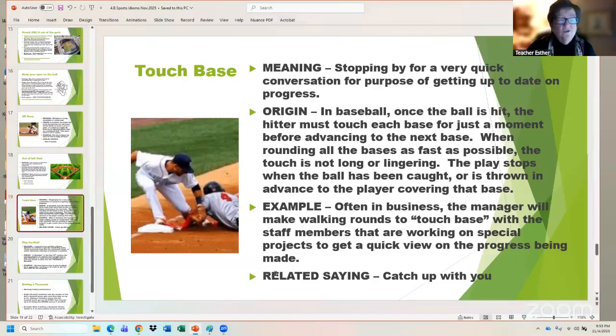You might also hear related sayings such as, I need to catch up with you. Now, both of these, touch base and catch up with you, you'll hear them in colleges and universities a lot because the professor's going to do a quick review.